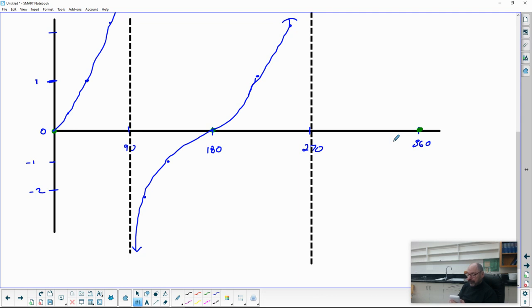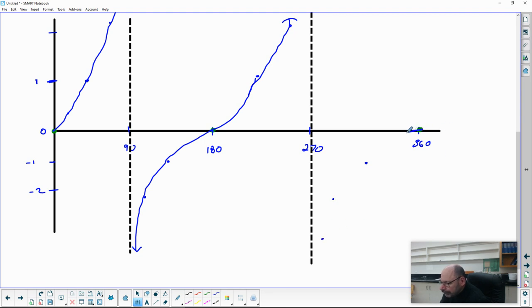If you add those two together, you get 315, so tan of 315. Okay, that's a negative one, so we're right. So it's right in here, and then again down here, and then probably over here somewhere.